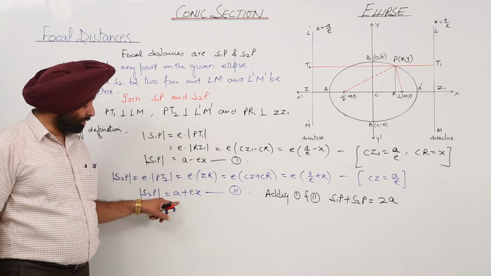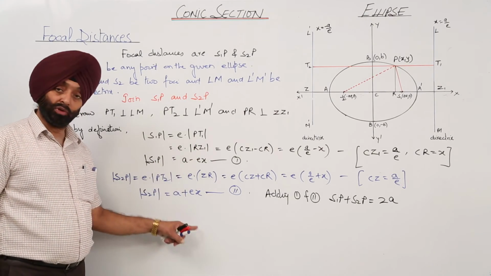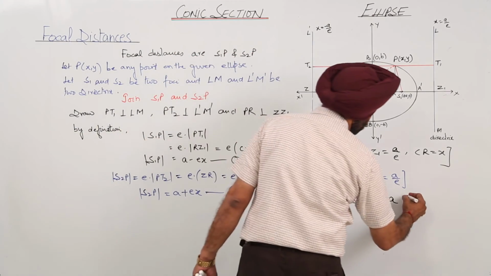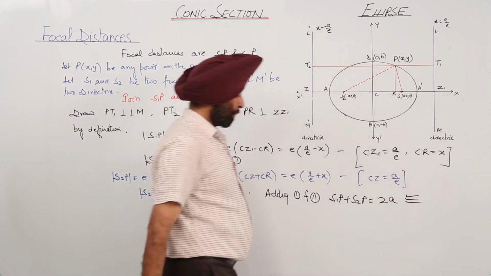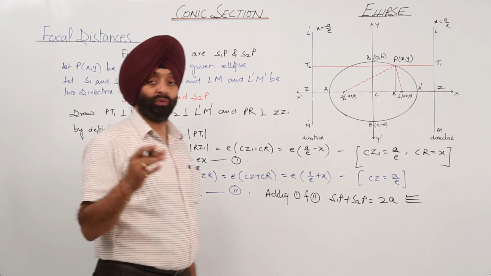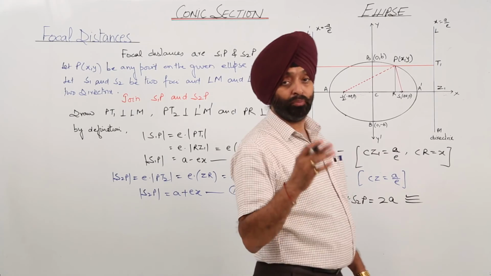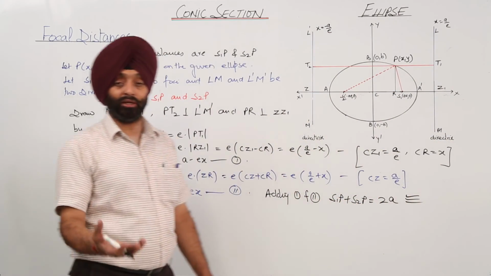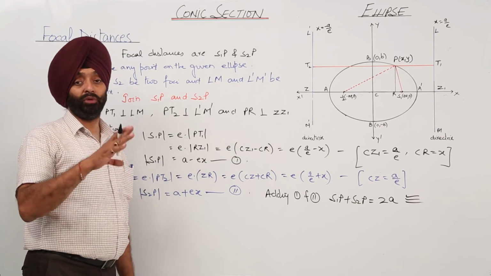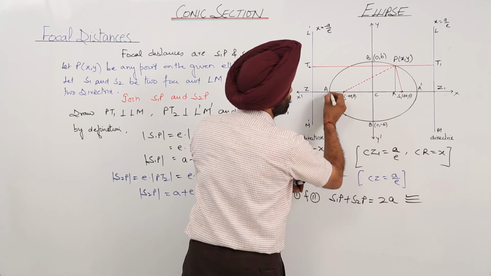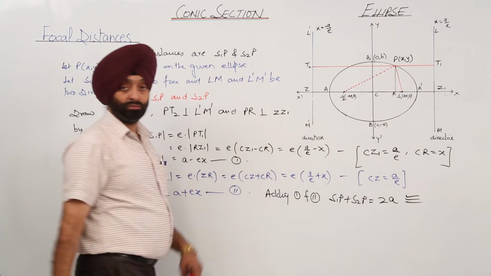So a plus a is 2a, and the negative ex and positive ex cancel. What this becomes is what I told you right in the beginning: the sum of the focal distances of any point P lying on an ellipse is equal to a constant, the length of the major axis. So 2a is the length of the major axis, from A to A'.